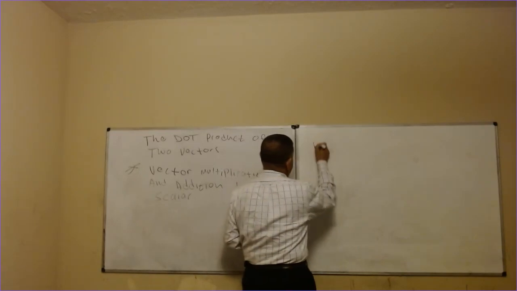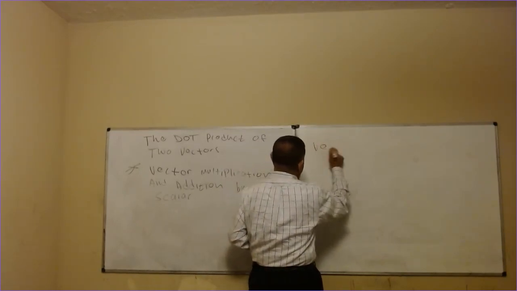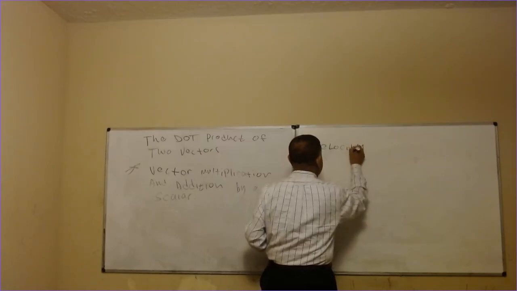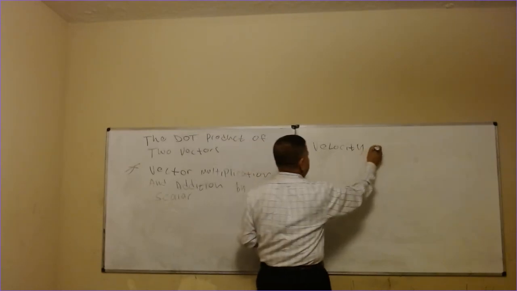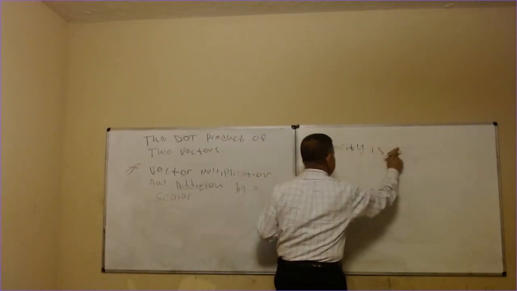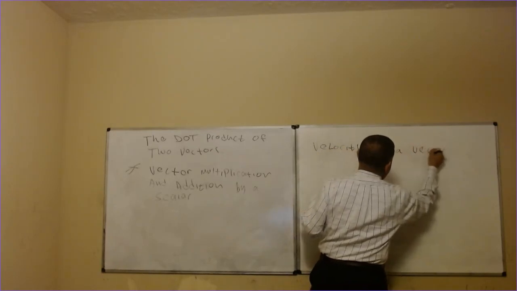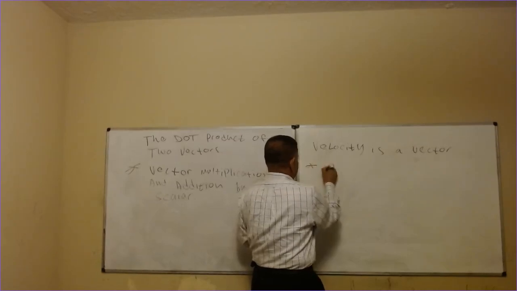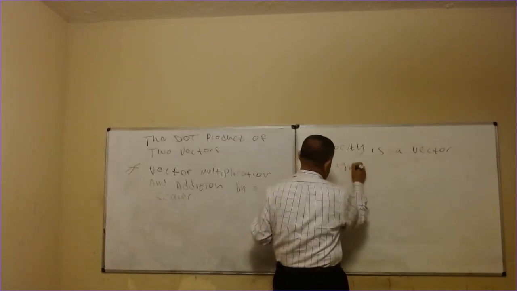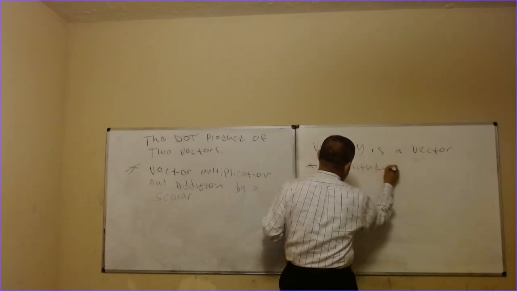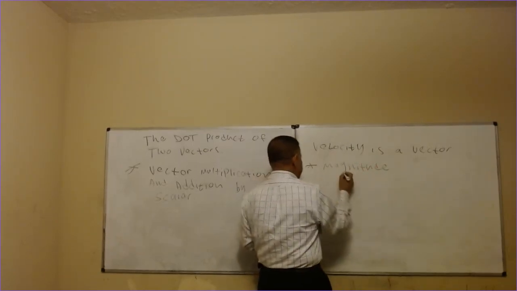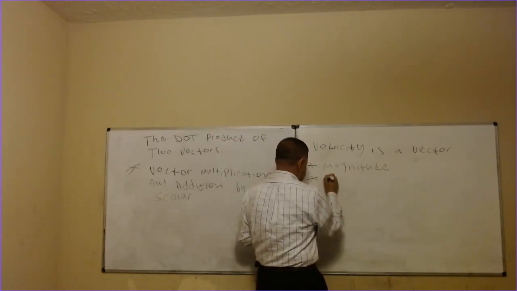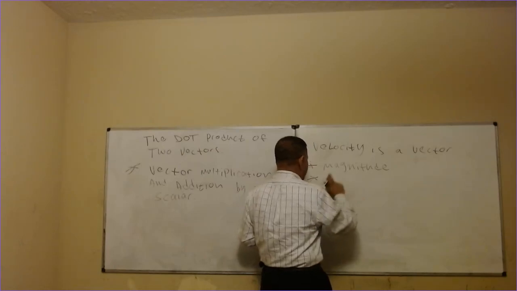But if I say velocity, velocity is a vector. Why? Because it has a magnitude and also has a direction, right? Magnitude and direction.